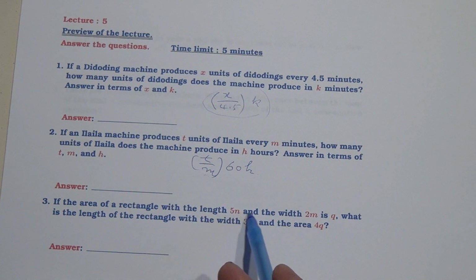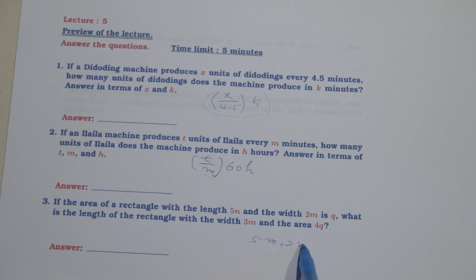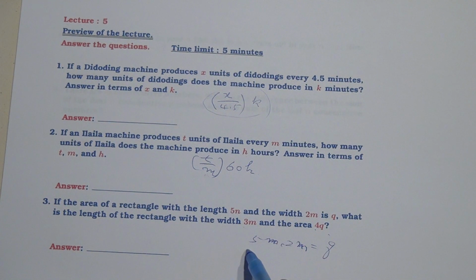So first step, this one is the given information. 5n times 2m makes q. And then they give you the question with 4q and 3m, which is 3m times how many n will be 4q.